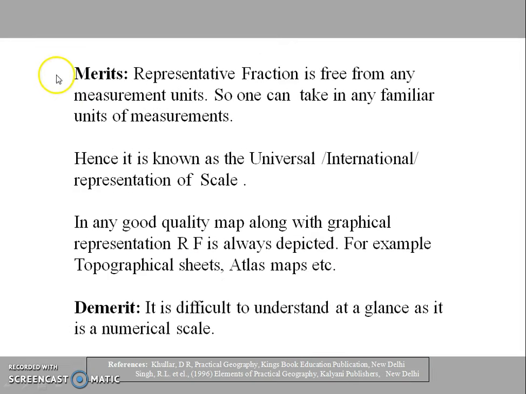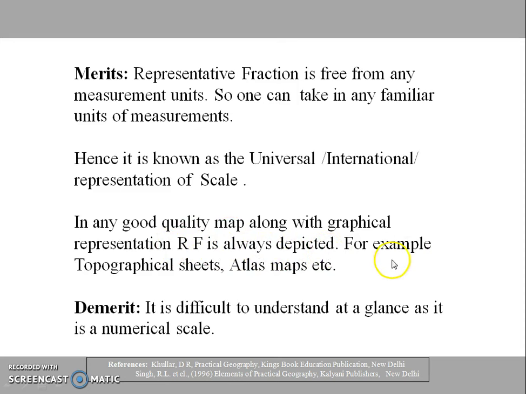So, what are the merits of RF? As RF is free from any measurement units, it may be taken in any familiar units of measurement. Therefore, it is known as universal or international representation of scale. In any good quality map, along with the graphical representation, RF is always depicted.